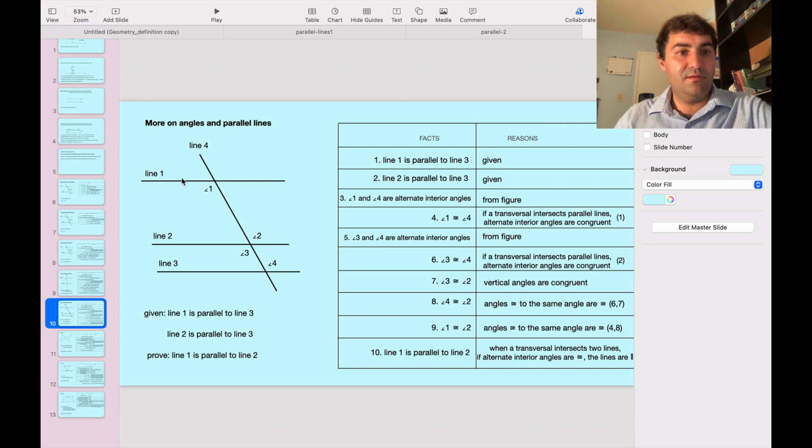Because they're both in the interior region between line 1 and line 3, and on opposite sides of the transversal, which we're going to take as line 4. If we know that line 1 is parallel to line 3, then angle 1 is going to be congruent to angle 4, because if a transversal intersects parallel lines, alternate interior angles are congruent.